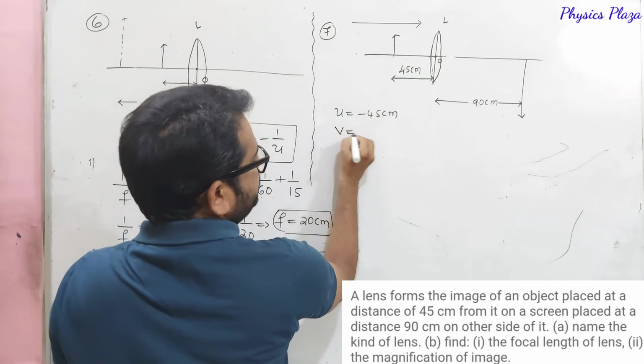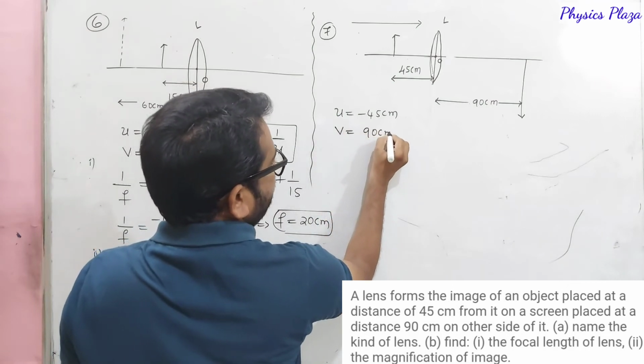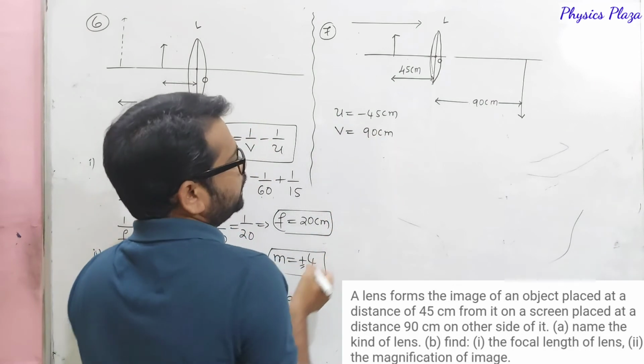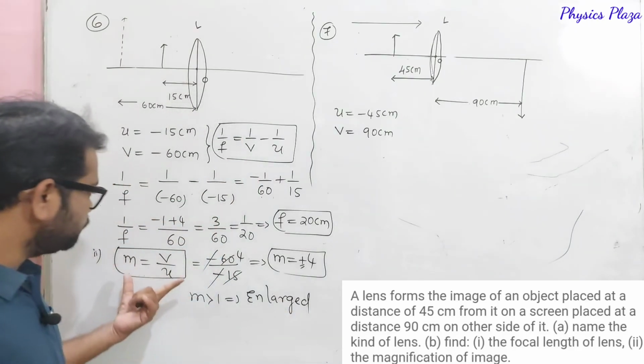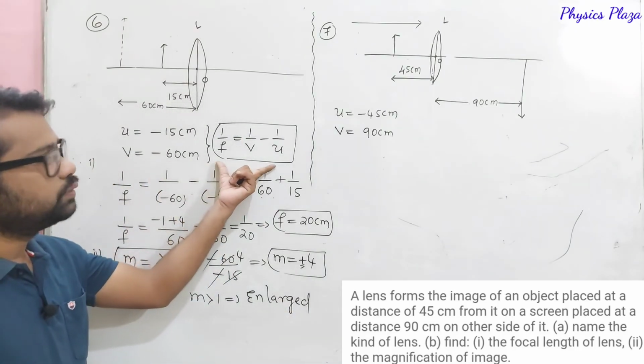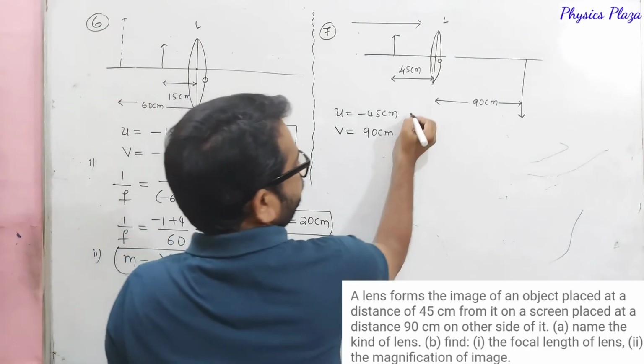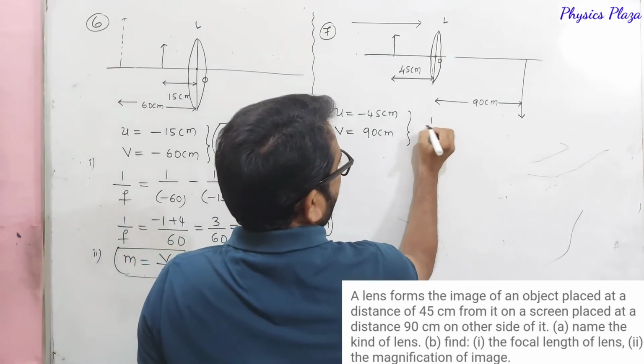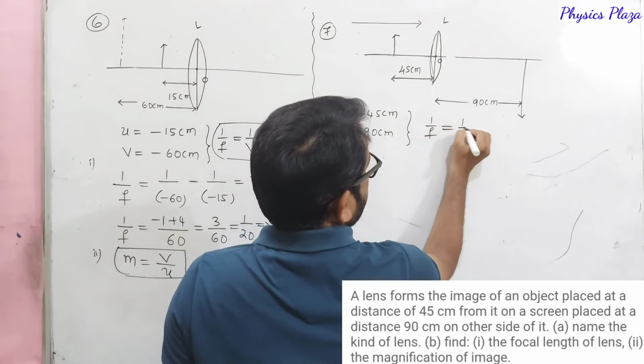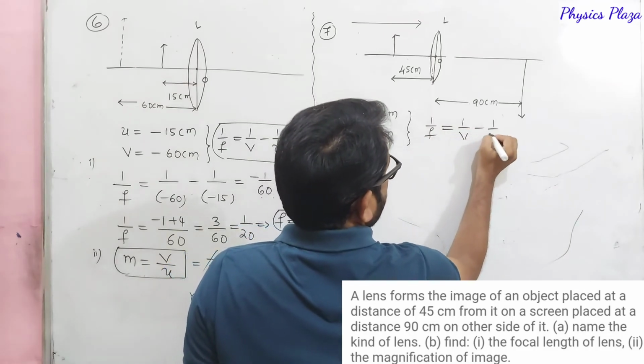And image distance is 90 centimeters. Now we need to calculate the focal length. Apply the same lens formula: 1 by f is equal to 1 by v minus 1 by u. So here, 1 by f is equal to, let us write once again, 1 by v minus 1 by u.